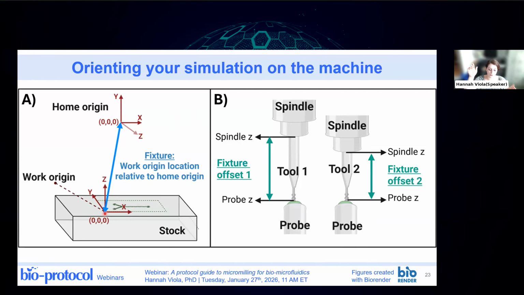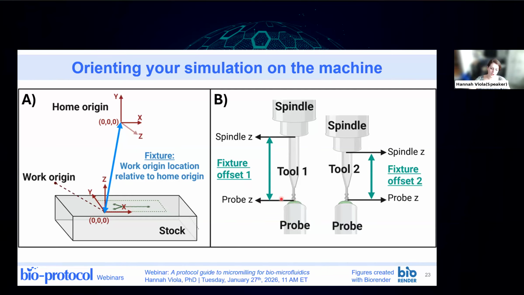And that's based on physical probes that are located at every motor. So the machine is physically sensing and defining its own origin point. So you have to define your origin, the machine is going to define its origin, and then the machine is going to calculate the difference between those two. And the Z-axis difference is called the fixture offset.